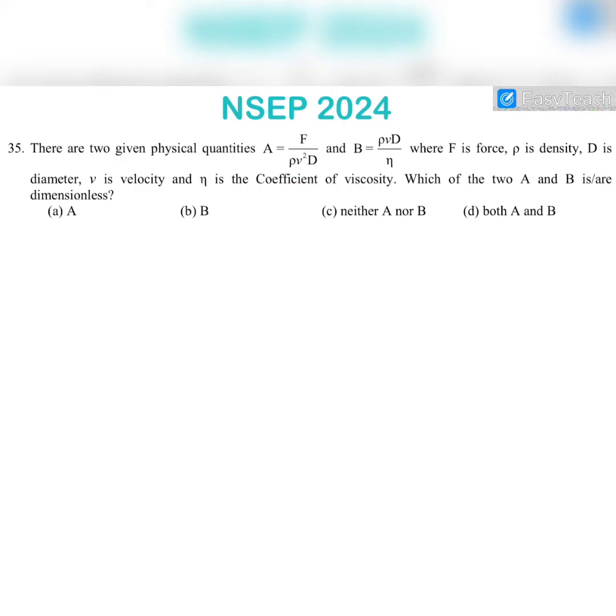So we have to find out which of the following quantities is dimensionless. So first of all, let us analyze quantity A. It is F upon rho V square D. Now you know that obviously the unit of force is kg meter per second square. This is force.